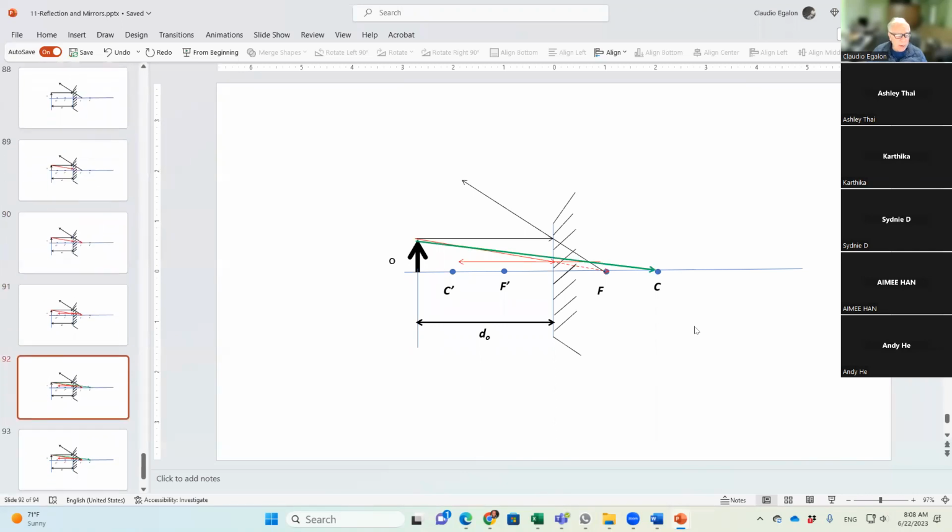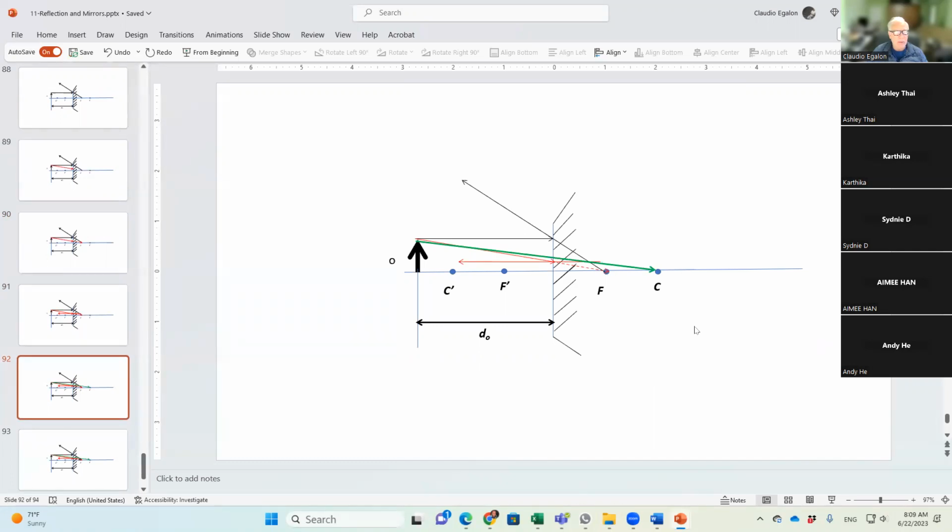But if you want, you can get the third light ray, three different light rays. Parallel to the axis, towards the focal point, and the third one towards the center of curvature.